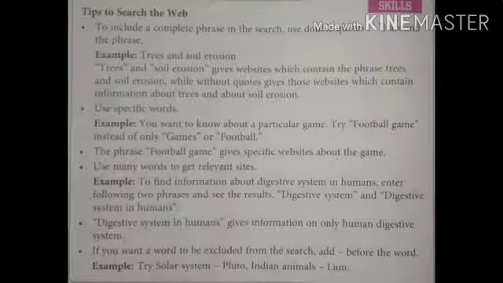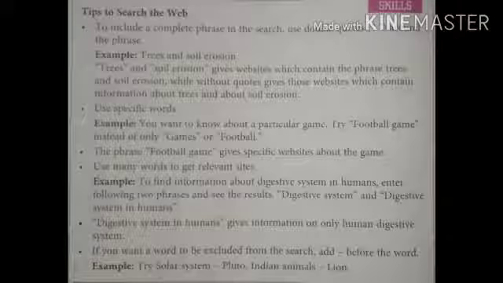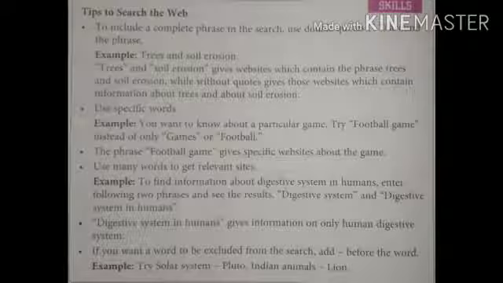Now, certain tips are given to search the web. First thing, to include a complete phrase in the search, you should always use double quotation marks. The second point is use specific words. For example, you are searching for a particular game. Then, avoid writing only game. Instead of it, write the name of that game.